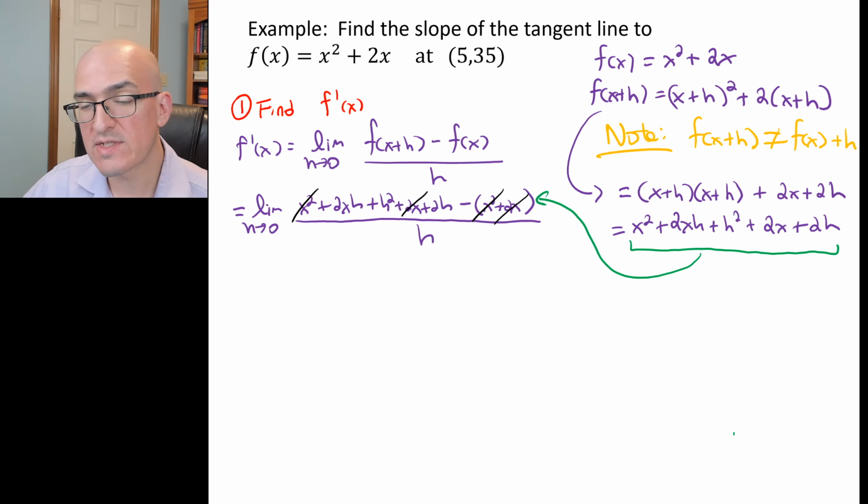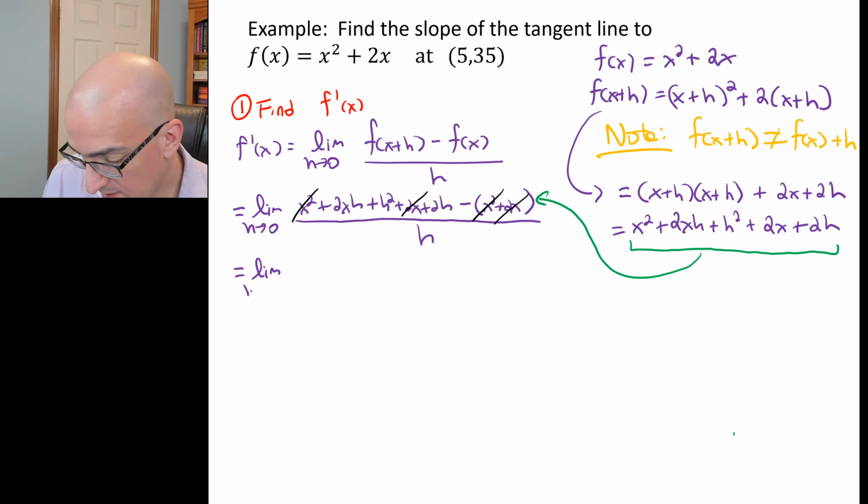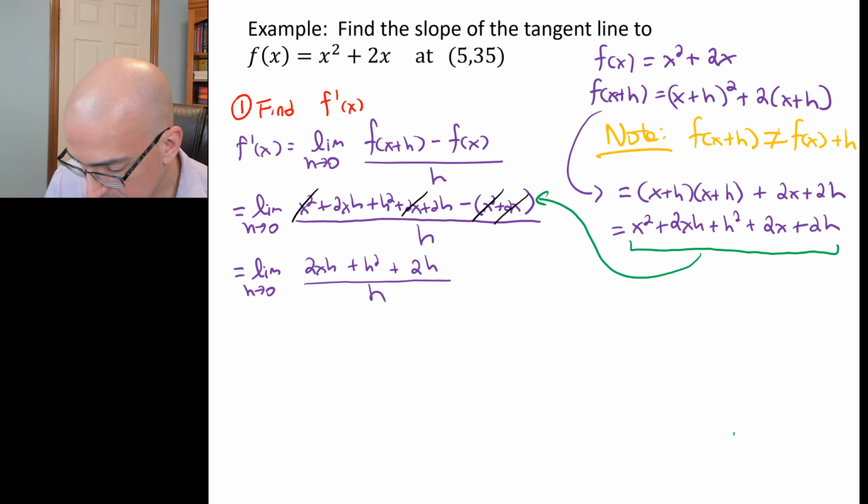Every other piece that has survived in the numerator has at least one factor of h in it, one power of h. Okay, so now we have the limit as h approaches 0 of 2xh plus h squared plus 2h all over h. If we try to evaluate the limit at this point, we have 0 over 0.